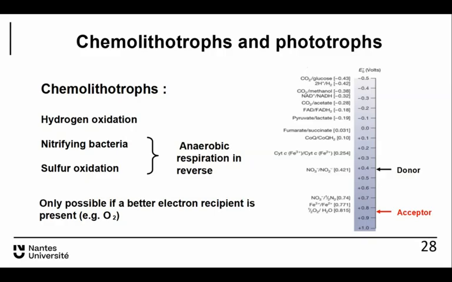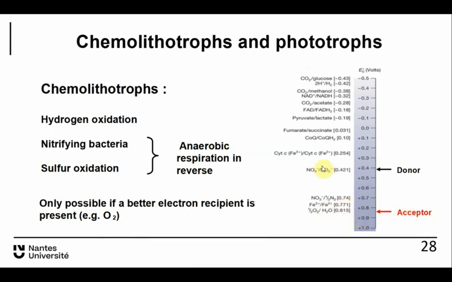The reason that this can work and bacteria can get energy out of the process is that the electron transfer, the redox reaction, can be energetically favorable if there is a better electron acceptor present. So if you've got a reduced form of nitrogen, like nitrite, and you want to use that as an electron donor, it can only work if you've got an even better electron acceptor present, like molecular oxygen.